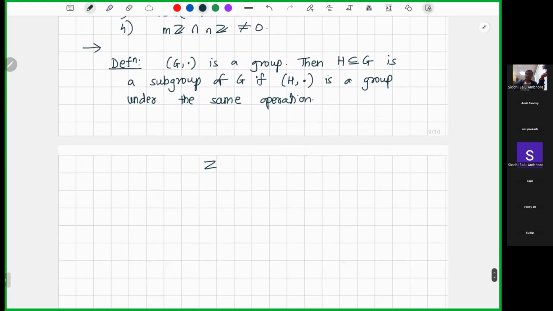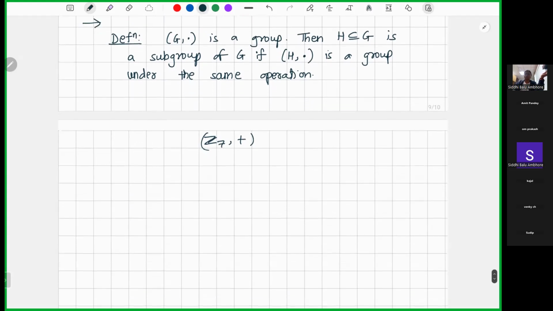For example, if I take Z7 under addition, and take Z7 minus 0 under multiplication, these two are groups, and Z7 minus 0 is contained in Z7. But they are not subgroups of each other, since one is under addition and the other under multiplication.